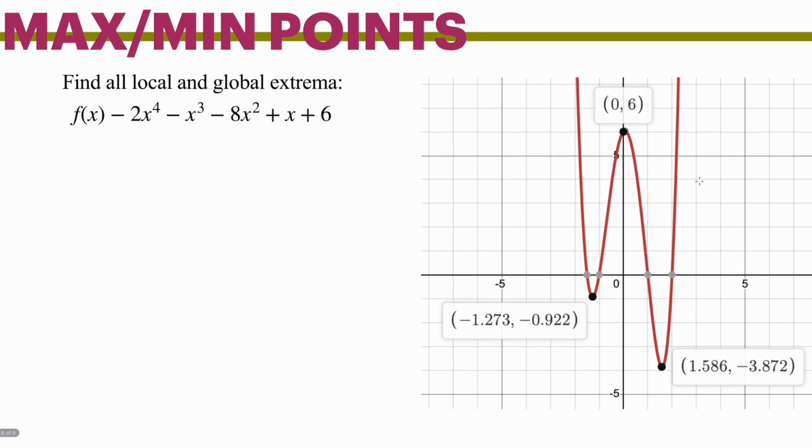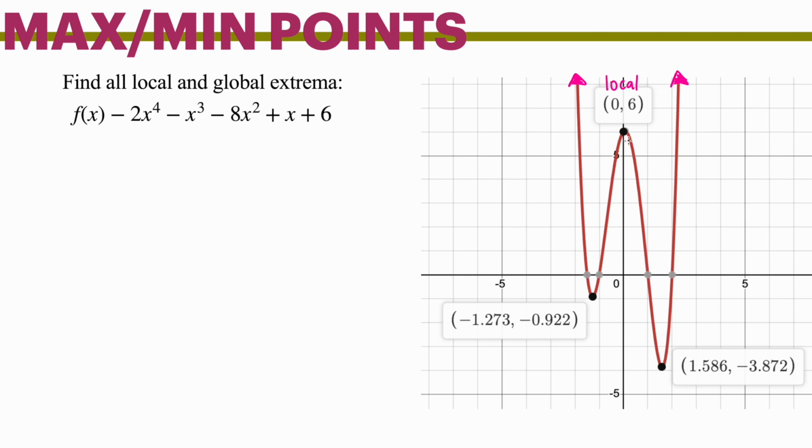Now in this case, again, if you were to graph, you would find what all the points were from the graph, and then you would determine whether the local minimum or max. So first, because this graph goes forever up on both sides, this right here is going to be a local. It's not the highest point of the whole graph because it eventually goes forever.